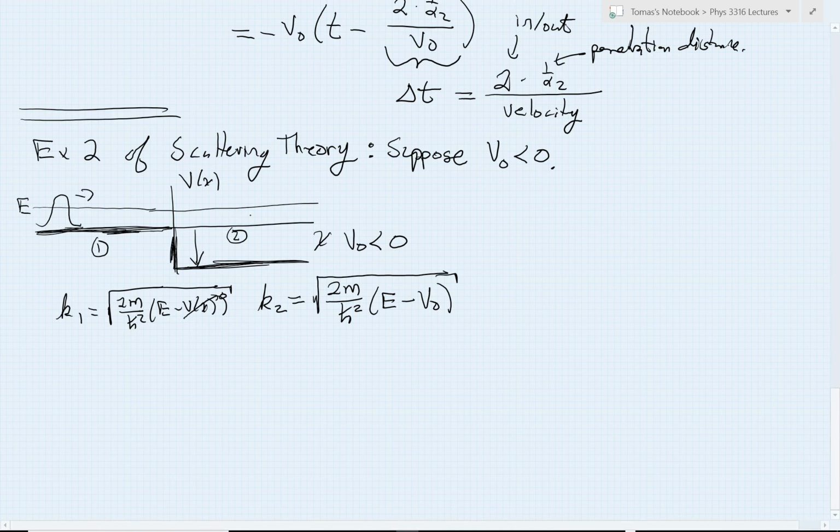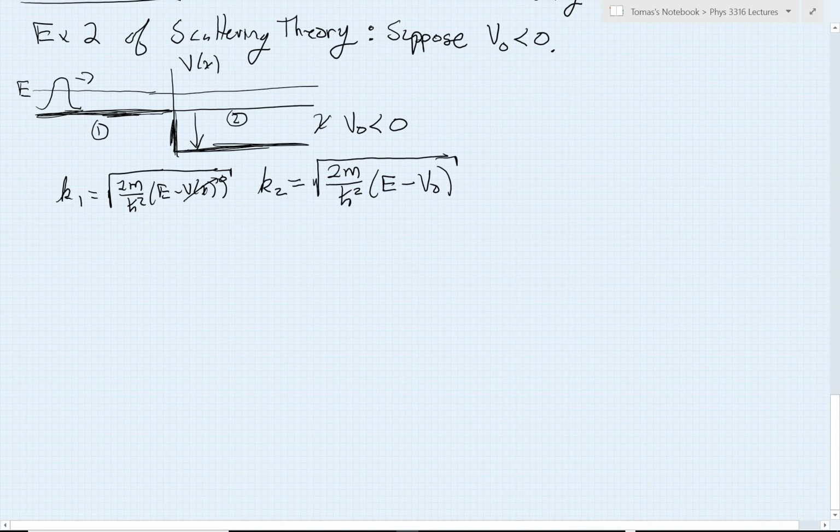Now, you further know, I think, exactly how we are going to go about solving this problem, right? We are going to write down for our solution of the time independent Schrodinger equation, psi of x, something like the following. We will have our solutions in the two different regions.